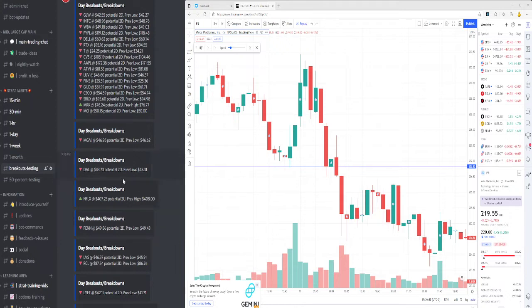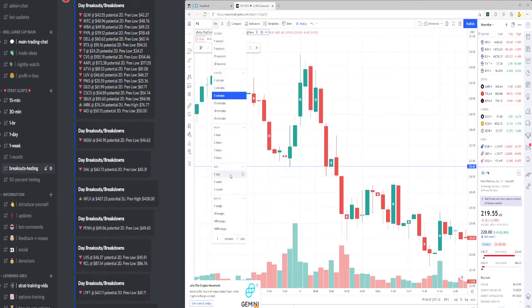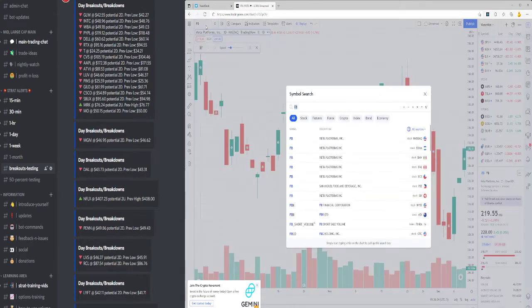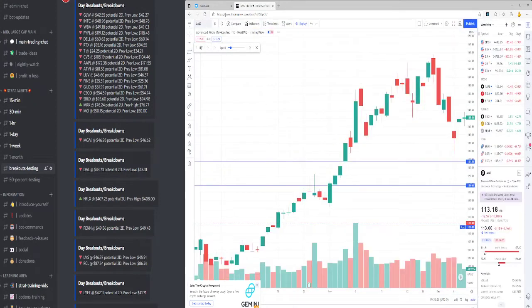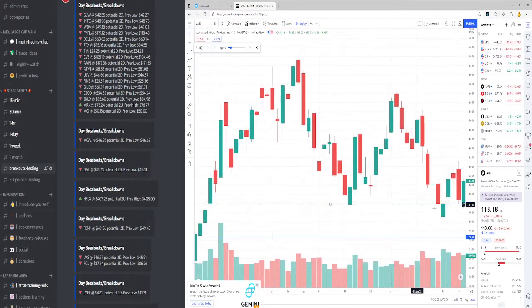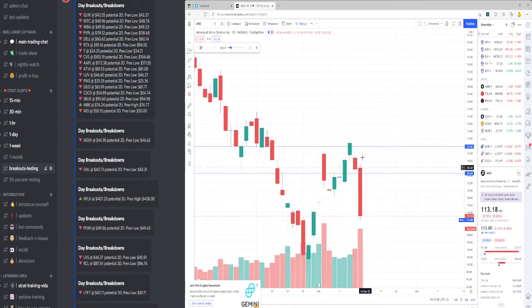The way this works is we can take a previous day's high or low. In this case, I'm going to take a look at AMD because that's one that we played today. If we look at AMD yesterday, this red candle here is what AMD did yesterday. The high was 131.76, and the low was 124.61.